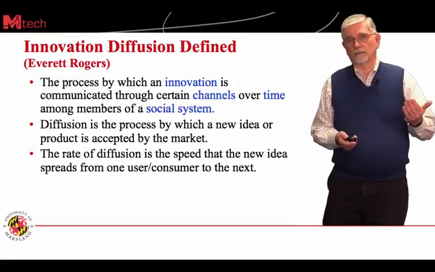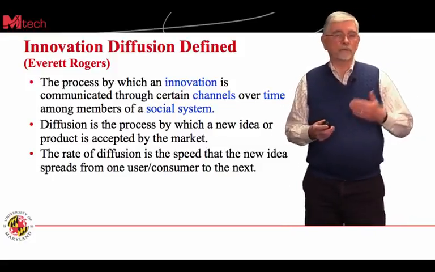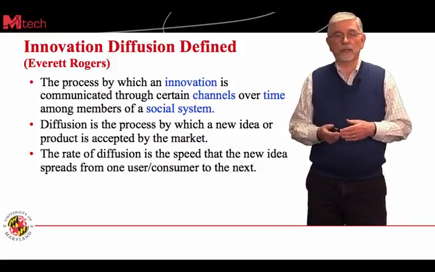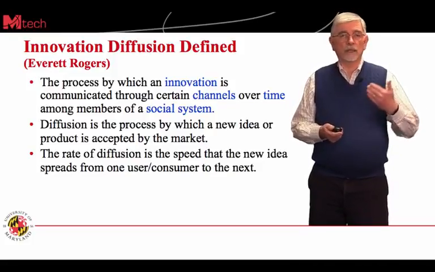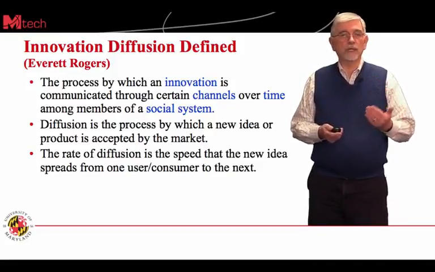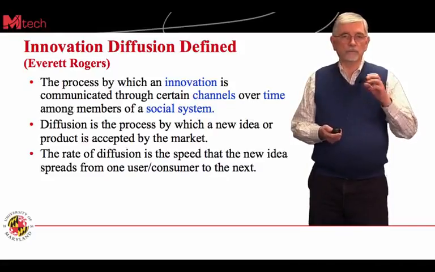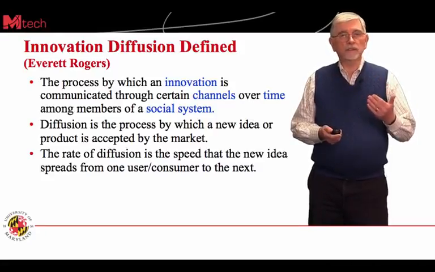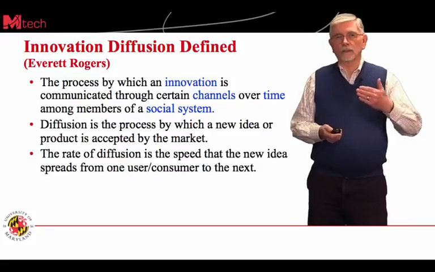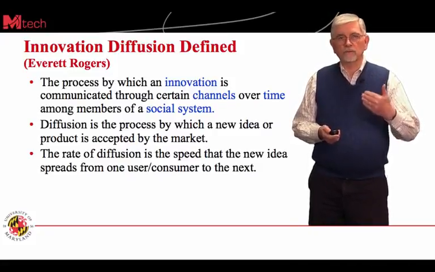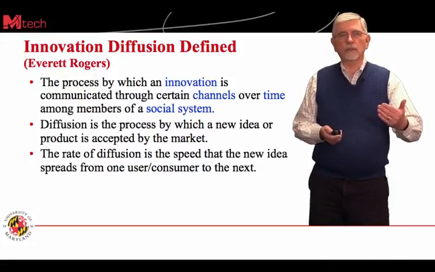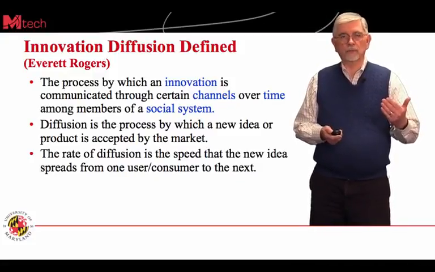How is it defined? Innovation is defined, we use the definition by Everett Rogers, who was a social scientist and an expert on communication in communities. And what he did is he looked at how an agricultural practice was diffused and used and transferred in a farming community.